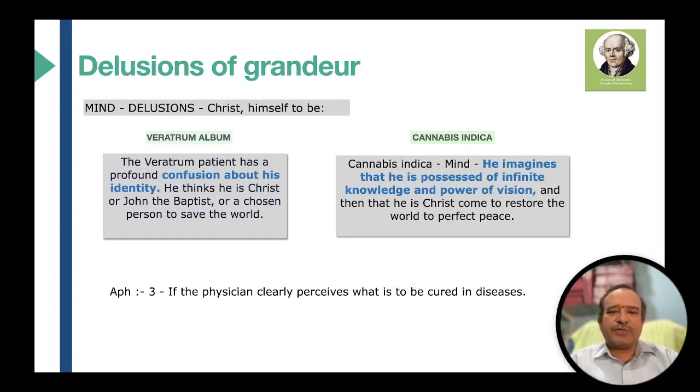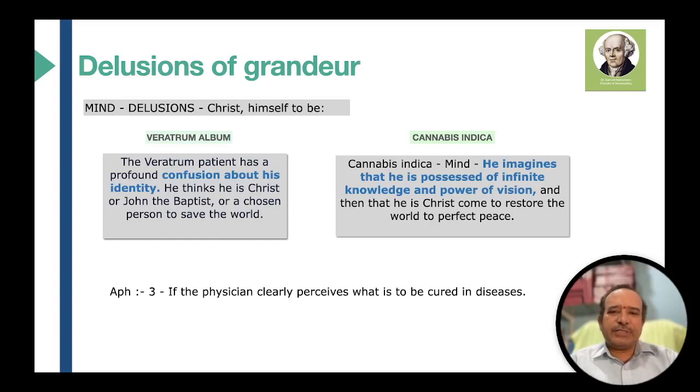Because of the confusion of mind, they think like this; they will be in a delusion mode. Based upon this, Veratrum has been given the 3 grade. And in Cannabis indica, he imagines that he possesses infinite knowledge and power of vision, and that he is Christ come to restore the world to perfect peace.